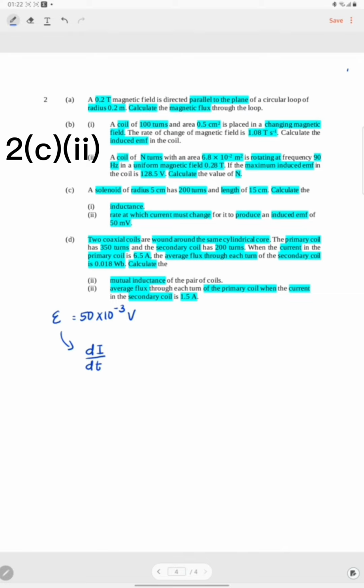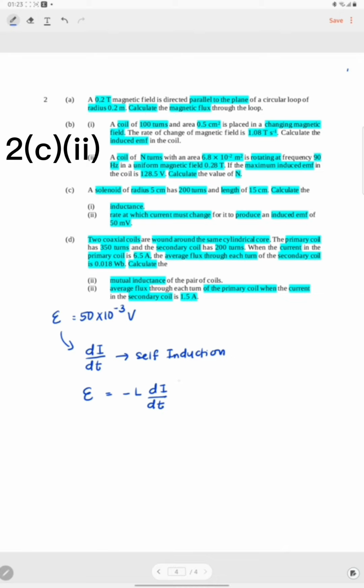So it's referring to the self-induction process. Due to this process, we will have self-inductance, and the related formula that we need to use is EMF equals negative L di over dt.